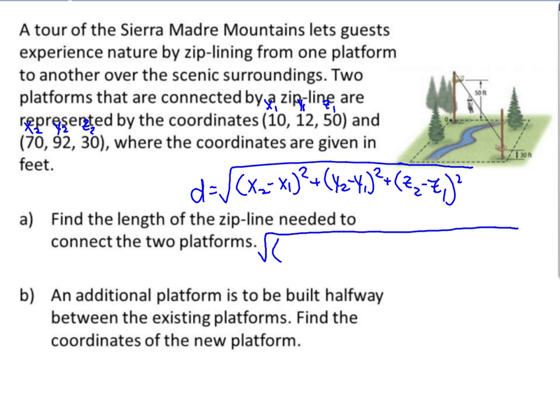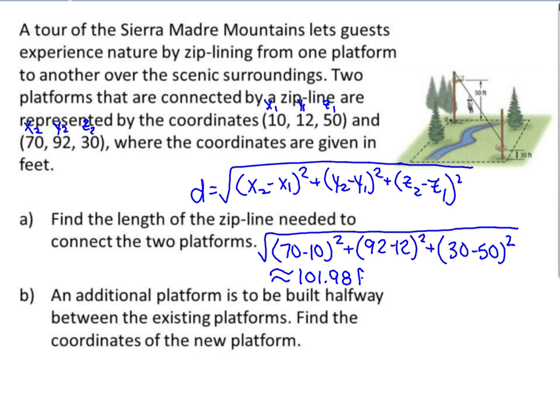In this case, it's going to give us 70 minus 10 squared, 92 minus 12 squared, and 30 minus 50 squared. And all together, that'll give us a distance of approximately 101.98 feet. So they'll need about 102 feet of zip line to reach between those 2 points.